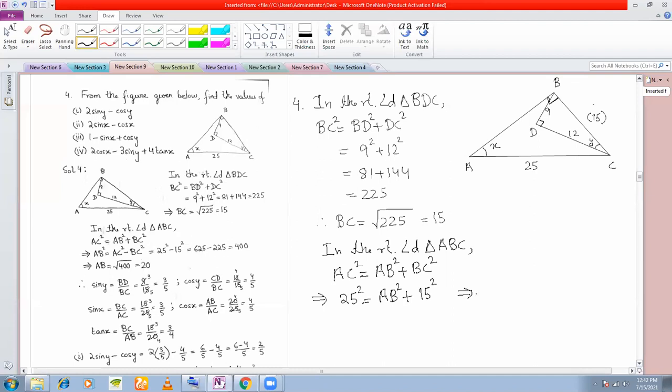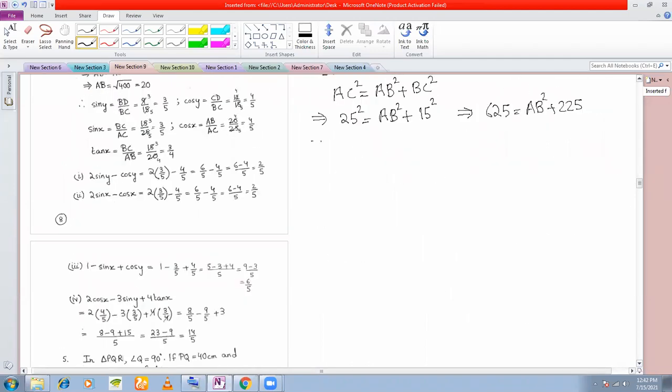So this is 625 is equal to AB square plus 225. That means 625 minus 225 is equal to AB square. That means 400 is equal to AB square.